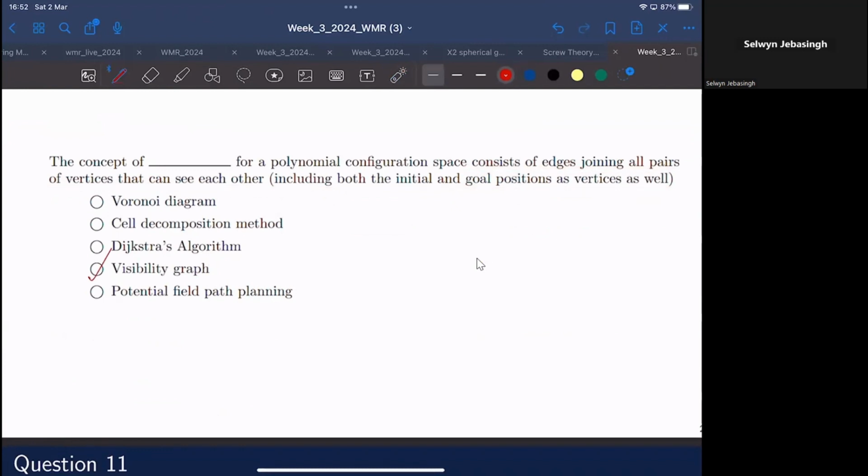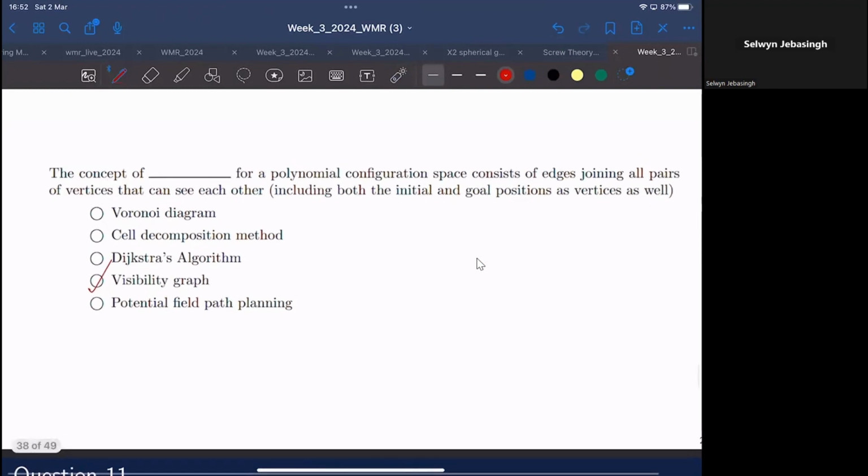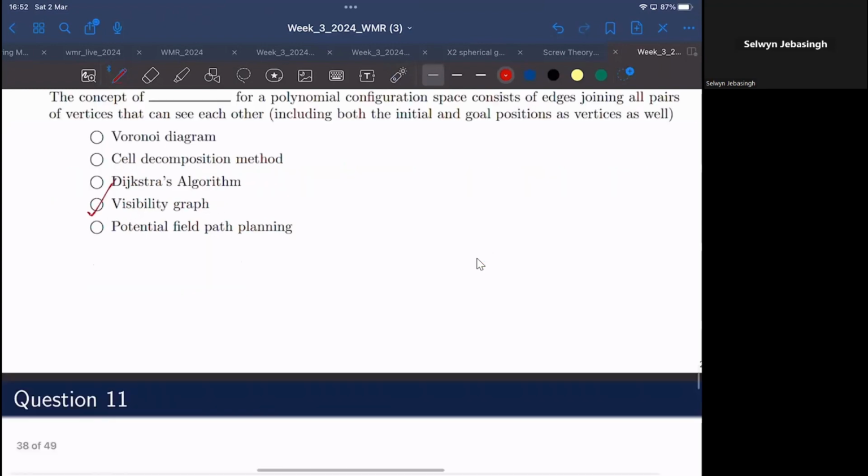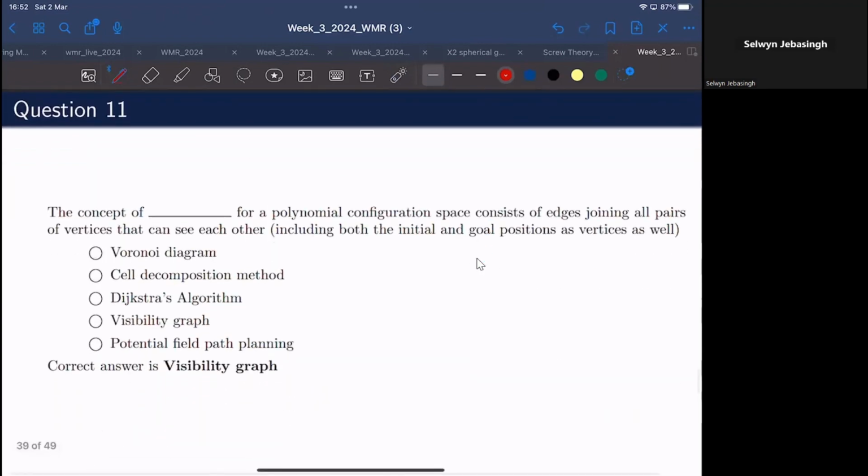The connectivity graph is actually created by connecting all the vertices that can see each other. So that is again a defining property of the visibility graph. So in that regard, the correct answer is option E, visibility graph.